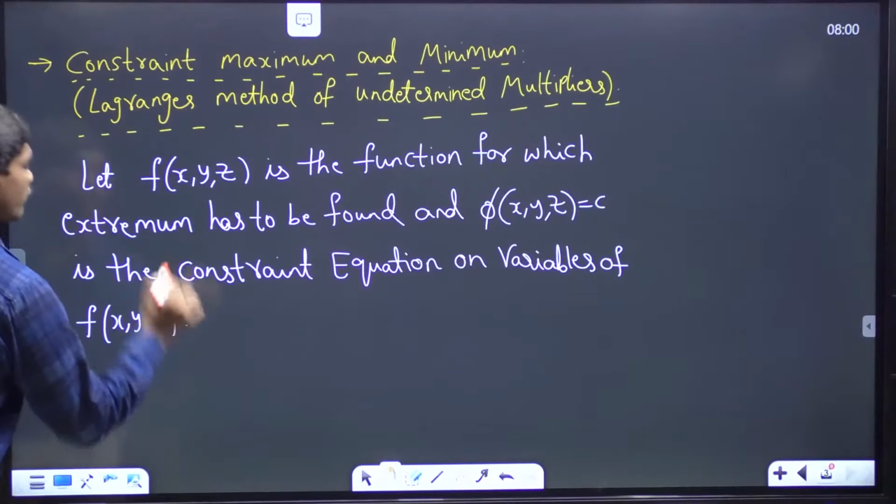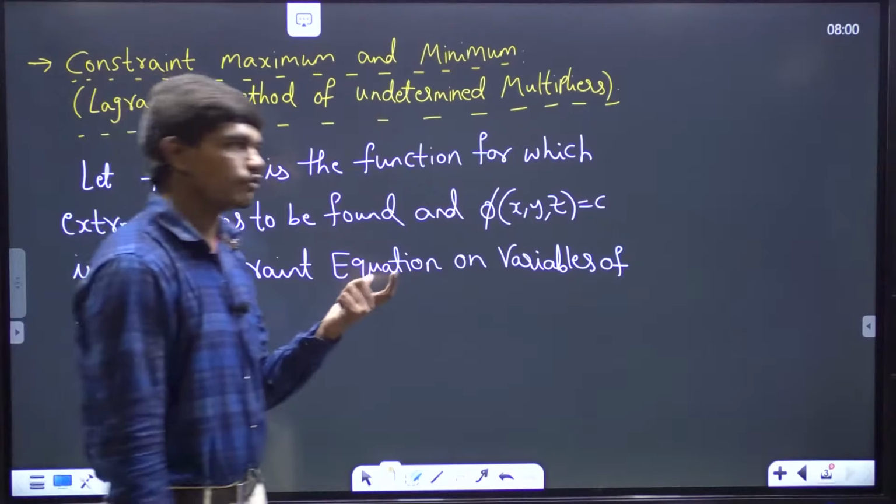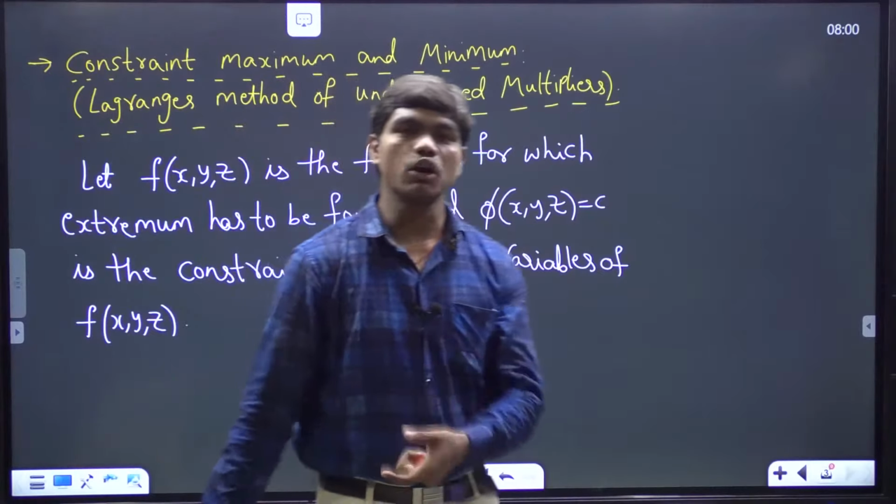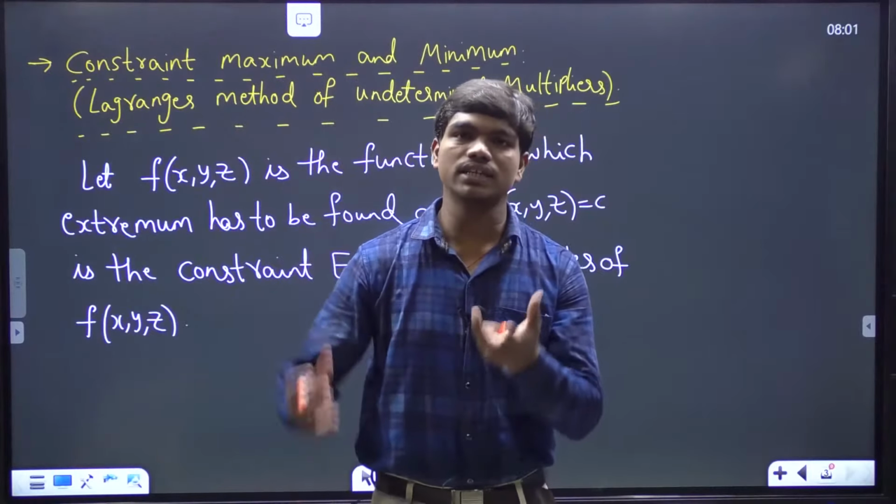Basically this f of x, y, z is a function for which you need to find either maximum or minimum, and this phi of x, y, z equal to c is a constraint equation.